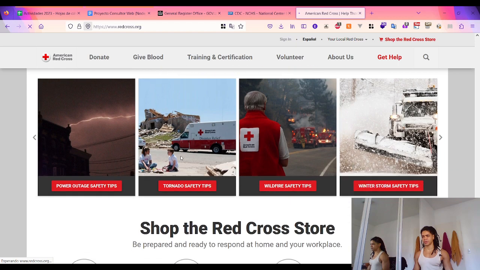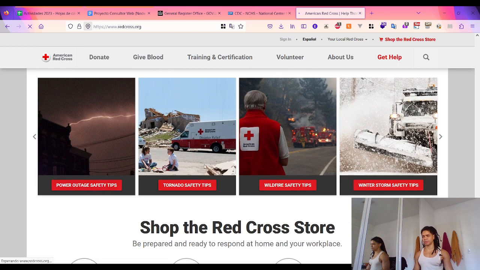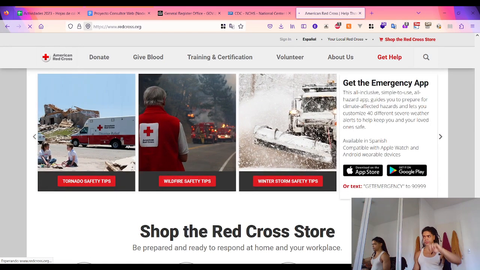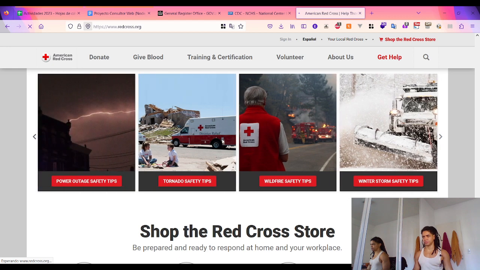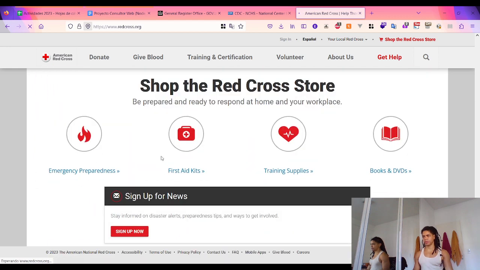Power outage safety tips, tornado safety tips, wildfire safety tips, winter storm safety tips, get an emergency app. Shop the Red Cross store: emergency preparedness, first aid kits, training supplies, books and DVDs.